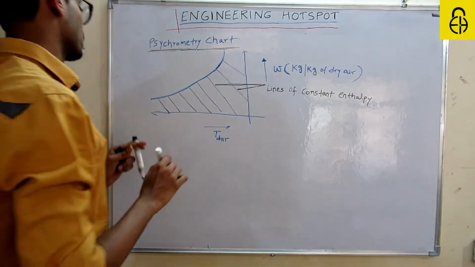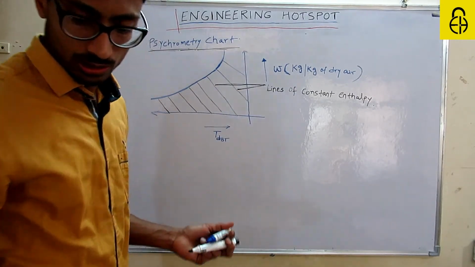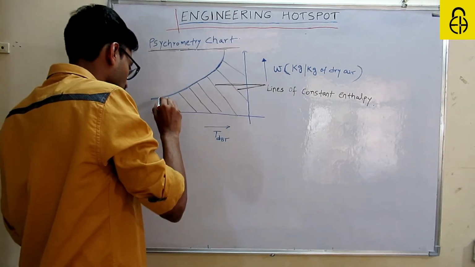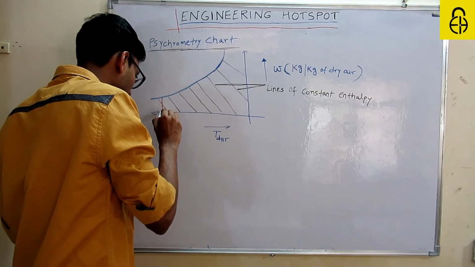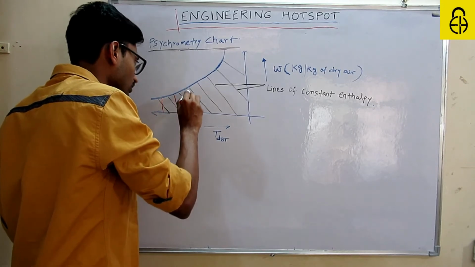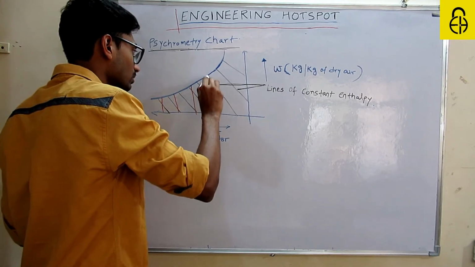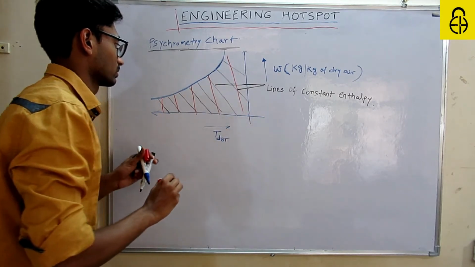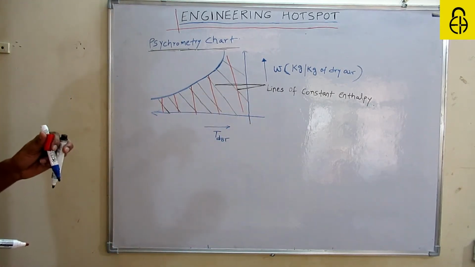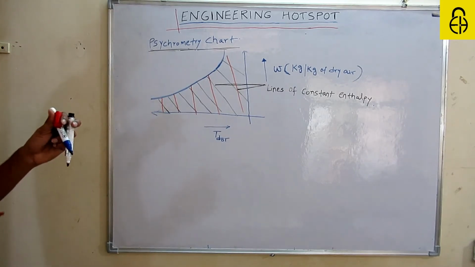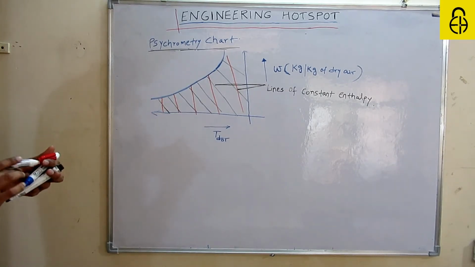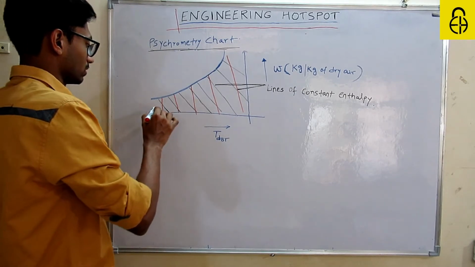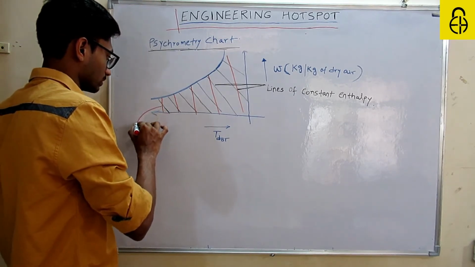There are more lines. If you draw lines like this, somewhat not exactly but somewhat vertical lines, then these lines are called lines of constant specific volume.